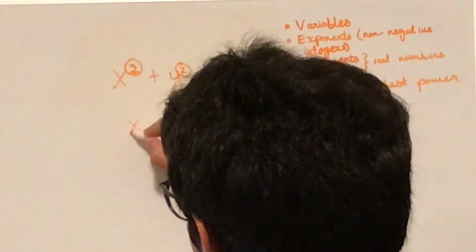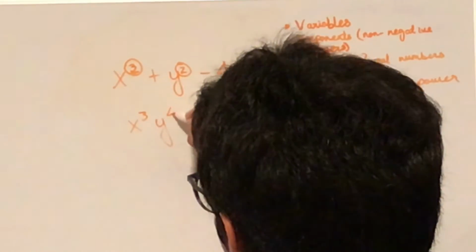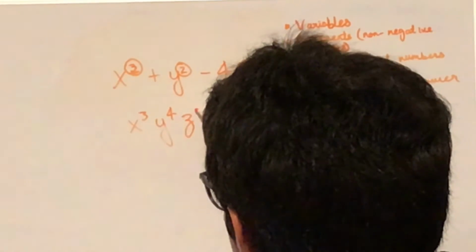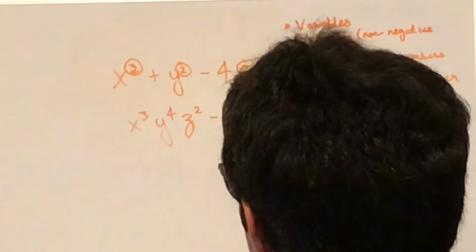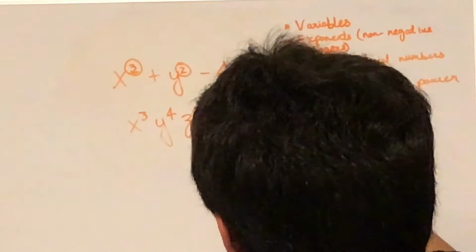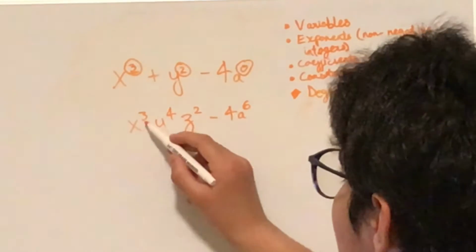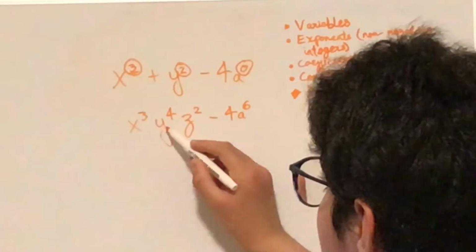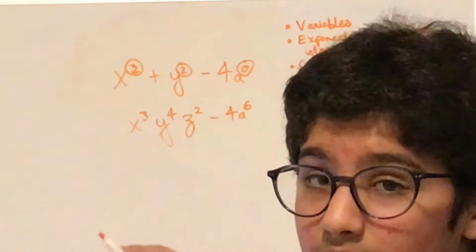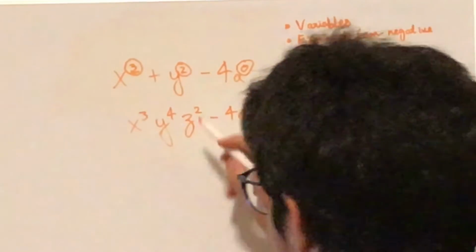But what if we have something like x cubed y fourth z squared minus 4 a to the 6th? Now which one is higher? This one has lots of different exponents. Well, if there are multiple exponents in one term, you just add them all up.